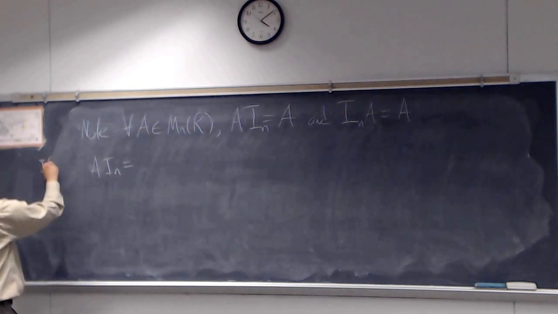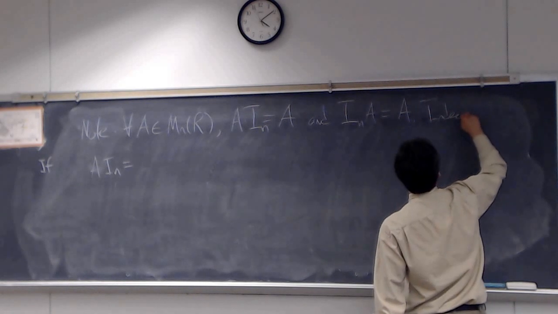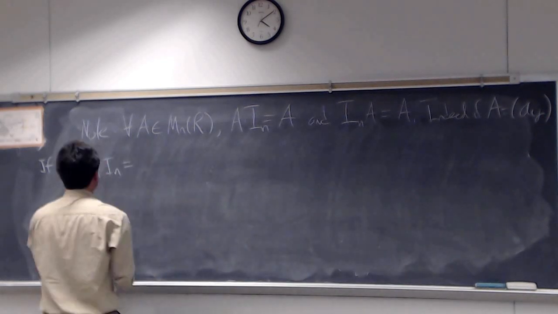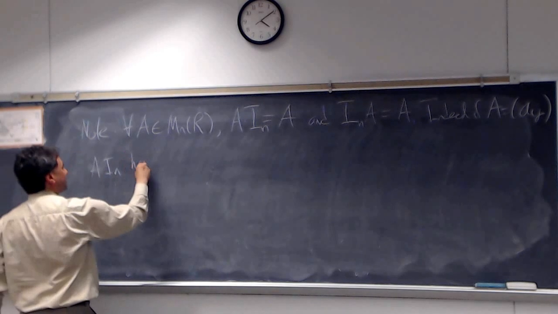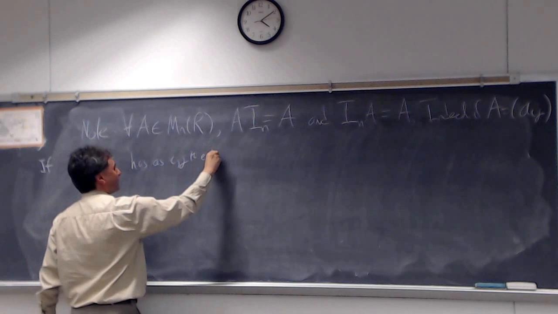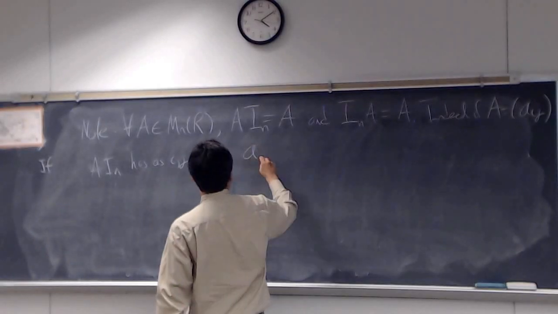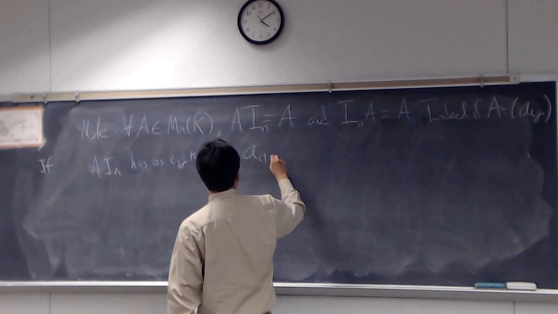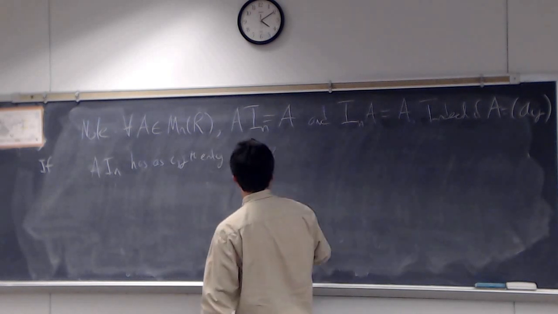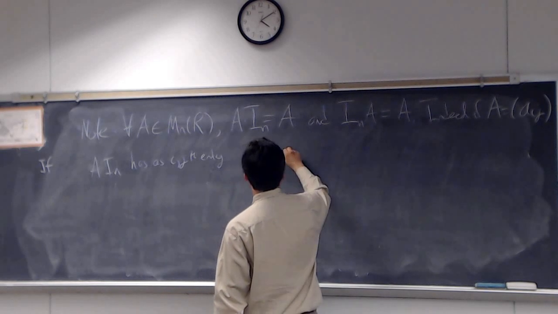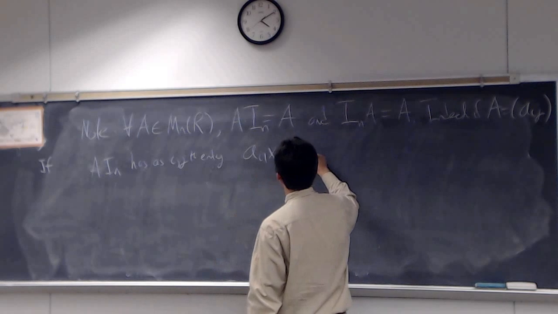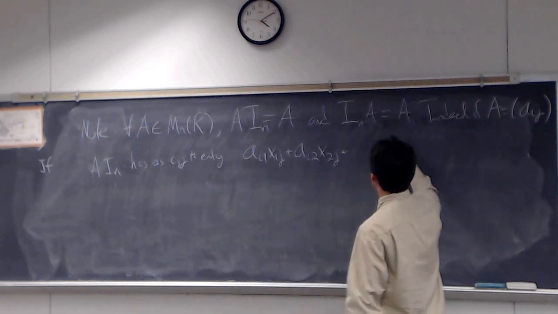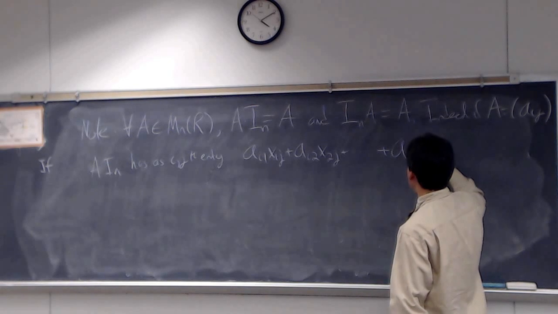So if A is represented by Aij, then A times I sub n has as its ij entry Ai1 times x1j plus Ai2 times x2j, etc., up to Ain times xnj.